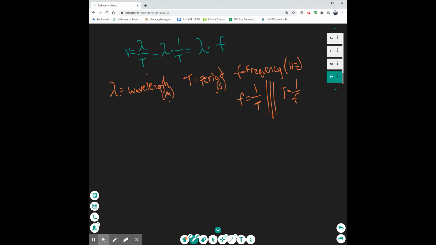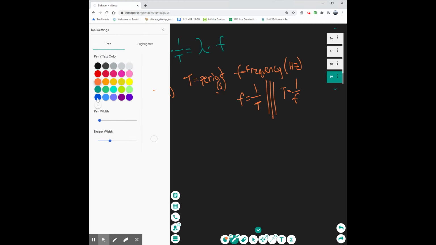That's how those things are related, because remember, the period is how long it takes for a wave to go by, and the frequency is how many go by in a given time. So you can inverse them. Now let's think about how we can do some math.